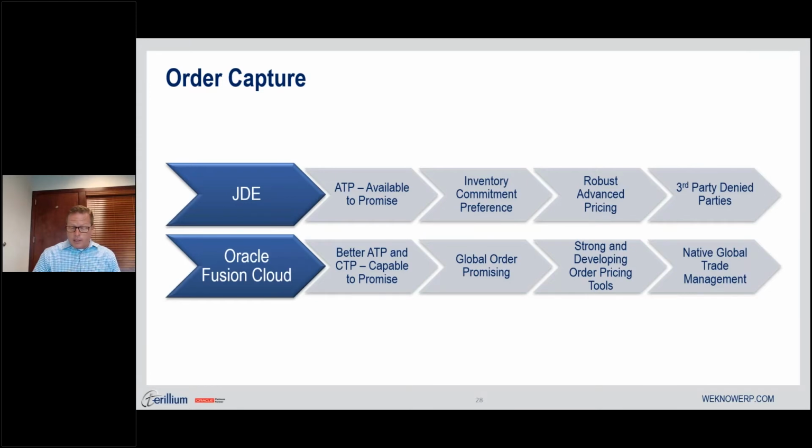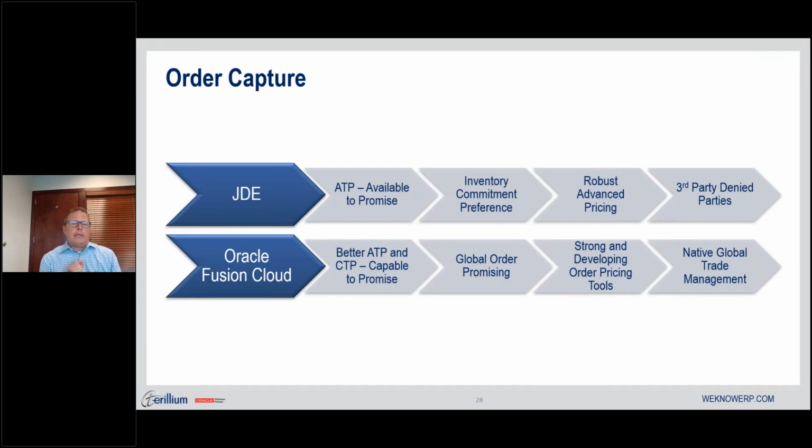What's my transit cost? Order handling rules. JDE loves its world of every line has its own life cycle, but if you have a customer that says, I need to ship lines 3 through 5 together, it doesn't work so well in JDE. And global order promising allows the system to build rules to understand how to execute that particular customer shipment.